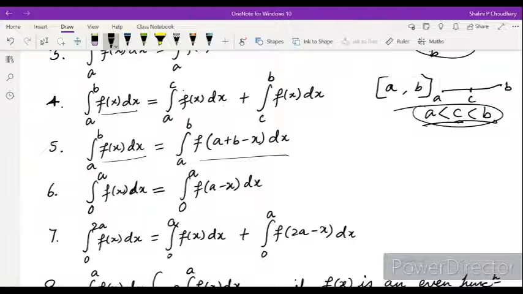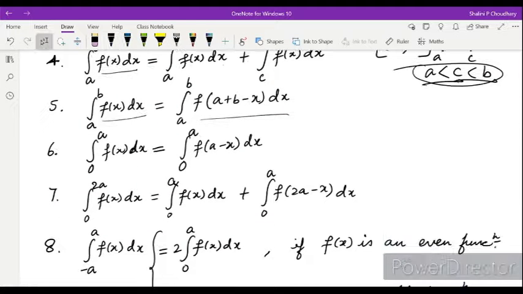Okay, so we'll get the same value. Now, same as property 5, property 6 is also there. For 0 to a, it will be a plus 0 minus x, that is f(a minus x), and that will be equal to this one.